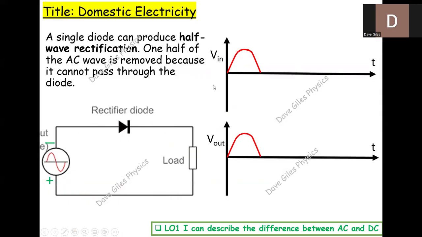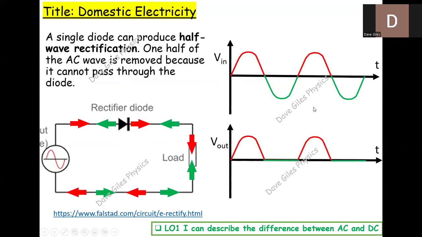Then it switches around. Now this side is negative and the diode is in reverse bias. So there'll be no current flowing, no voltage across the load, so the output will be zero. Then that keeps repeating backwards and forwards.